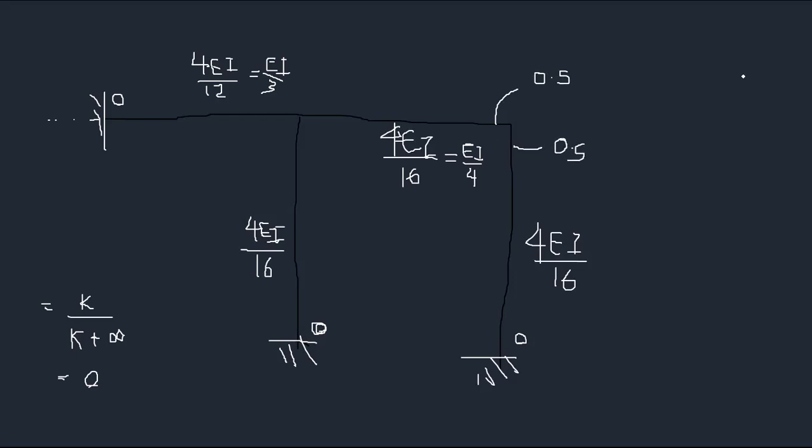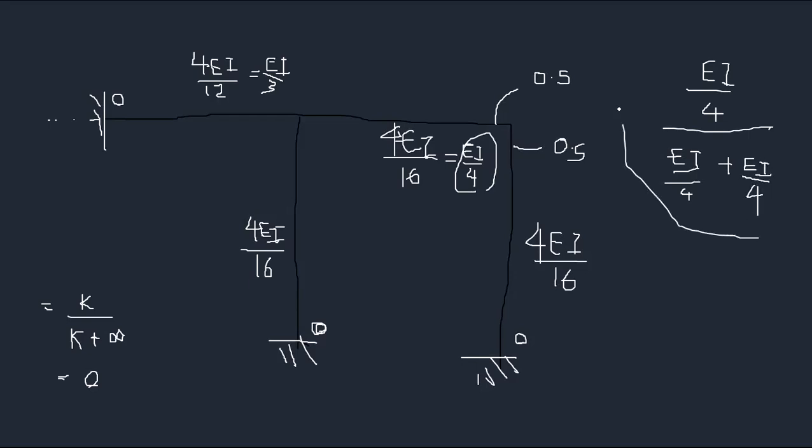So you can take each member, that's EI over 4 divided by the total stiffness at that joint, EI over 4 from this member plus this member, that is also EI over 4, right? So this I will get.